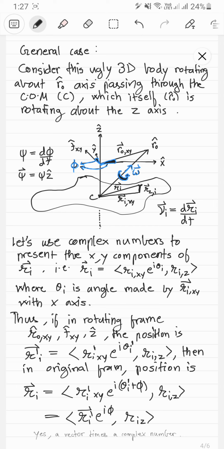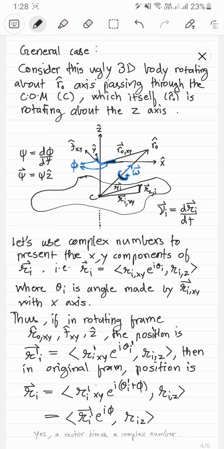I think it should, right? So theta i dash is the angle made by the Ri xy vector as seen in the rotating frame with the r0 xy vector as seen in the rotating frame, right? So the rotating frame's x-axis. And the z component is still the same, because there was no change in the z-axis.